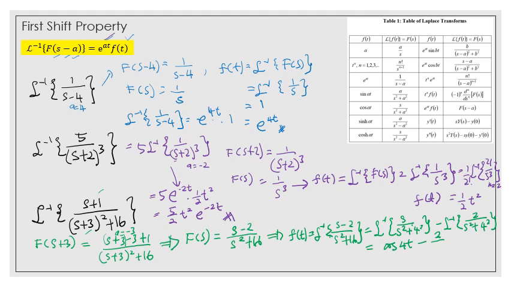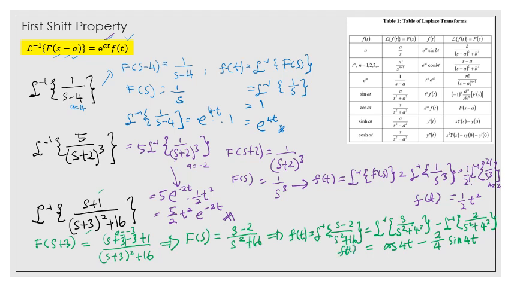So we put 4 back. So we will get s squared plus a squared is equal to sine 4t. Okay, so this is the value for f(t).